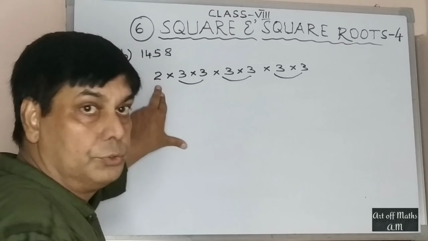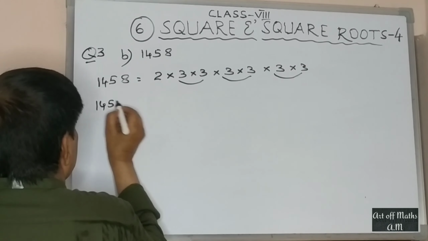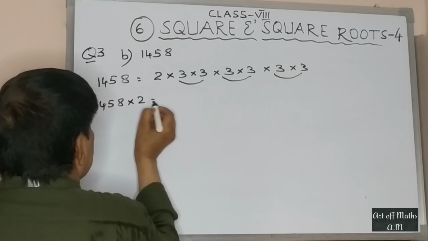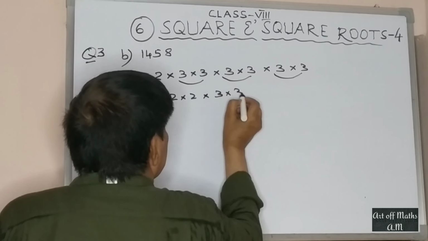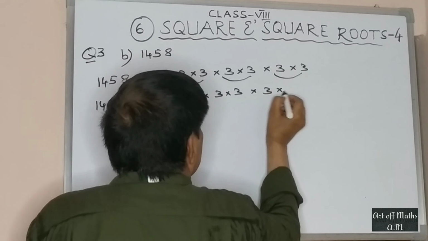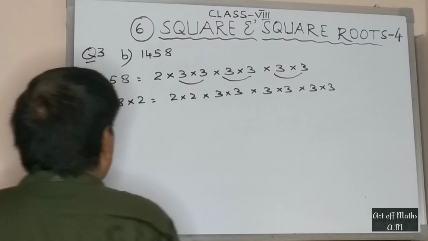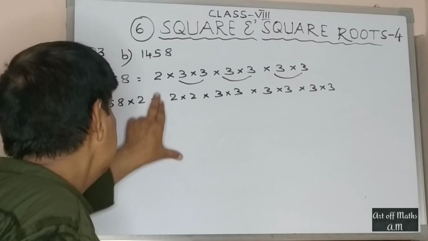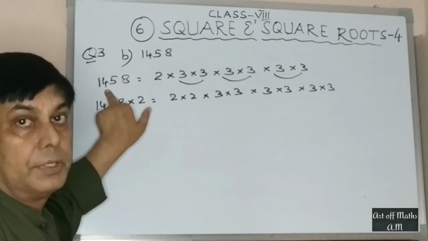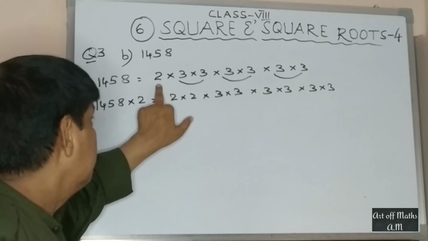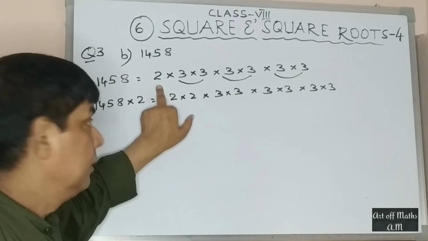Without pair is 2. 1458 into 2 equal to 2 into 2 into 3 into 3 into 3 into 3 into 3 into 3. Now this is the smallest number by which we have to multiply the given number. This is the smallest number, the number which is unpaired.